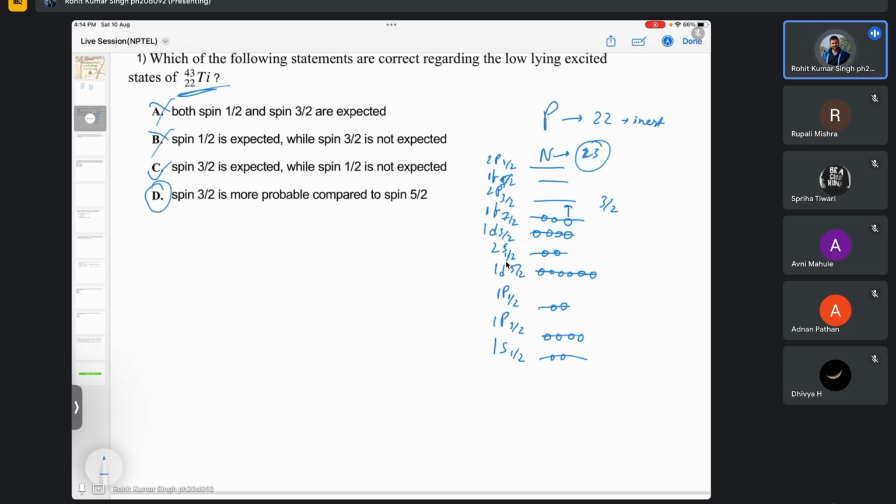But what about this? We have an option to go to 5 by 2 also, right? So is 3 by 2 more probable than 5 by 2, or what do you guys think? Please answer.